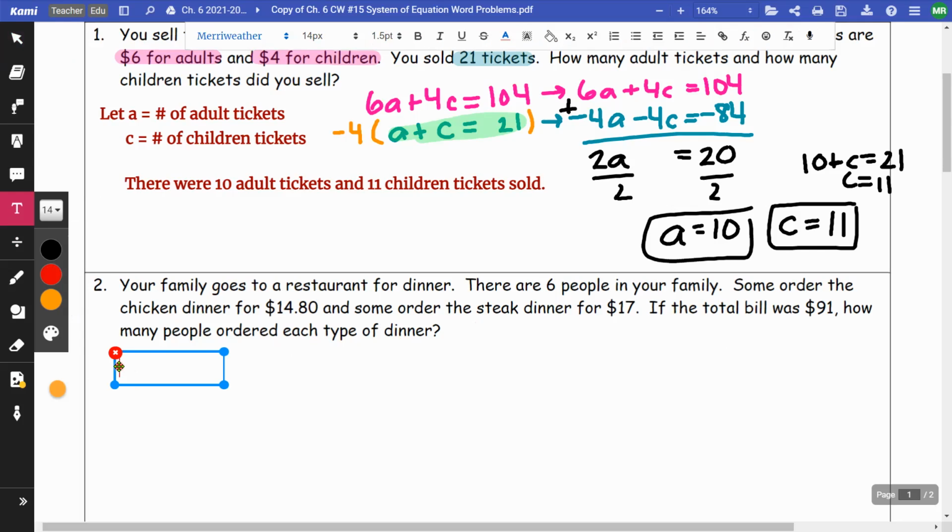Okay. So let C equal the number of chicken dinners. And I'm going to let S equal the number of steak dinners.